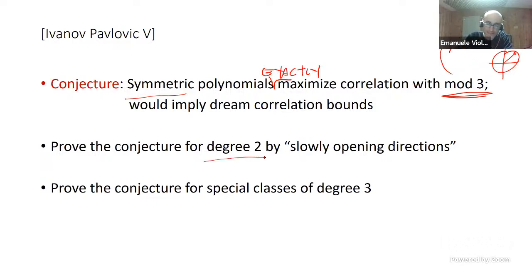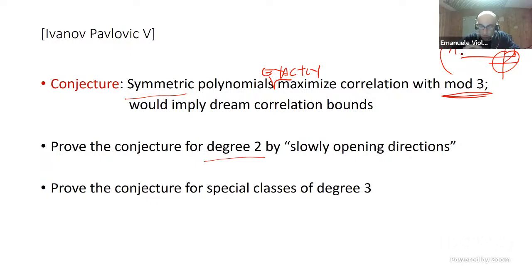So a main result in this work is that we can prove this conjecture for degree 2 polynomials. So the exact maximizers of the correlation with mod 3, in fact, with any function of this type for any z, so even mod 5 and mod p, anything else, are quadratic, are symmetric.